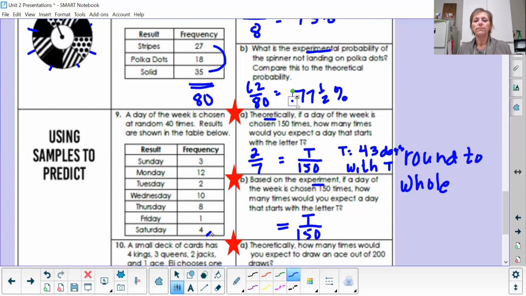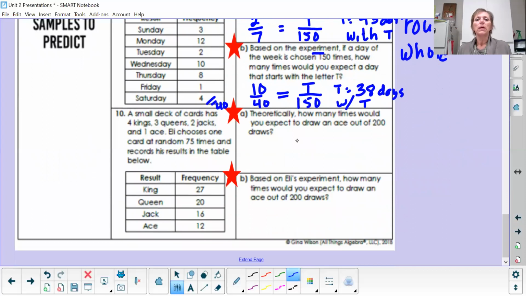We had 40. And how many were T? Okay, Tuesday is 2, Thursday is 8, so that's 10. So you're going to cross multiply and divide, and T equals 38. Again, because we're rounding to the whole. 38 days that begin with T, okay?